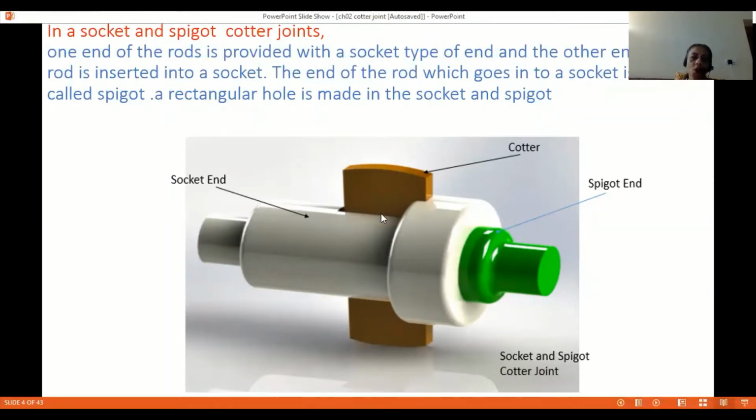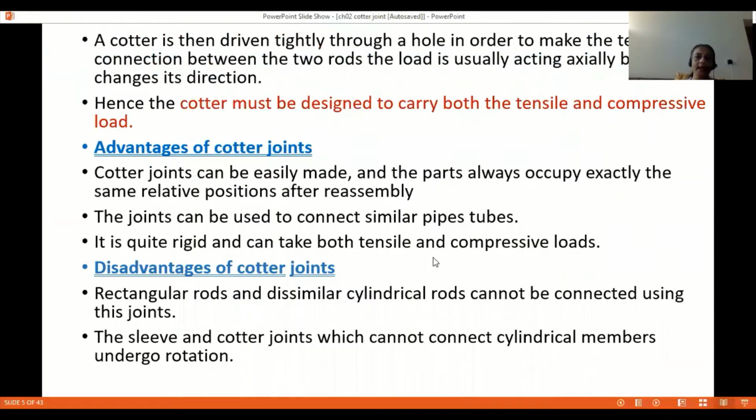In both the socket and spigot, a rectangular slot will be provided, and in that rectangular slot or hole, the quarter will be driven in. It will be able to carry a load in axial directions, both tensile as well as compressive. What are the various advantages of quarter joints?